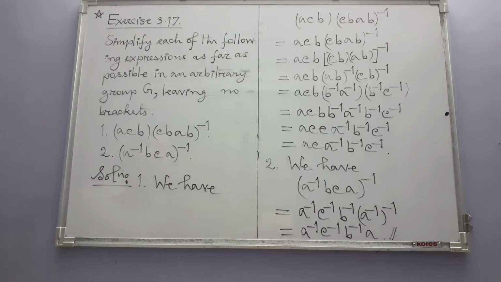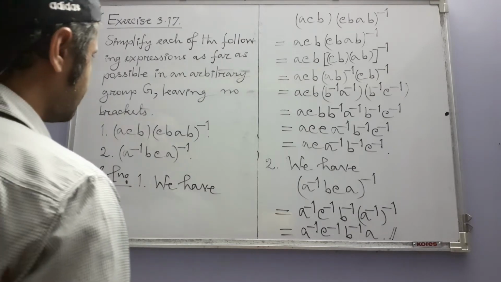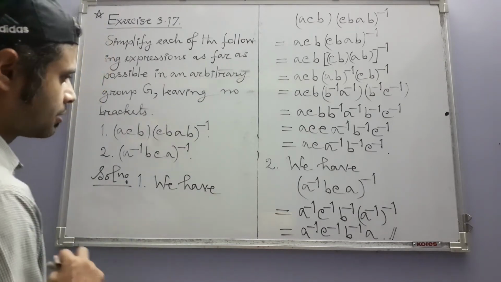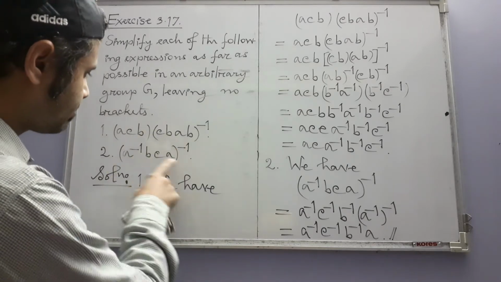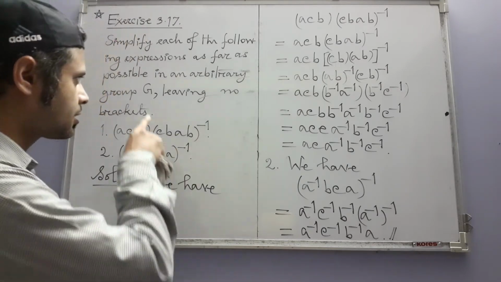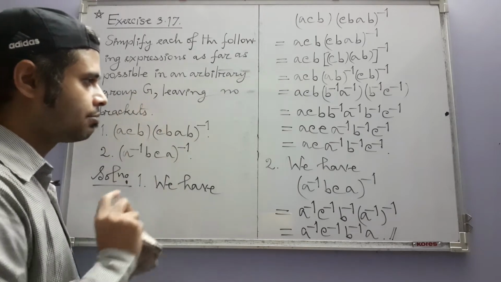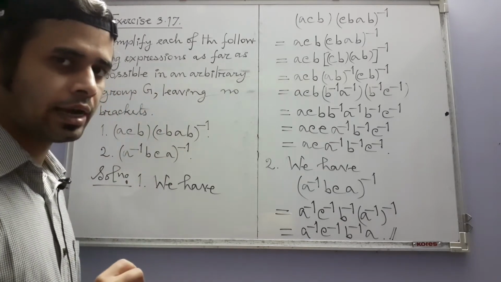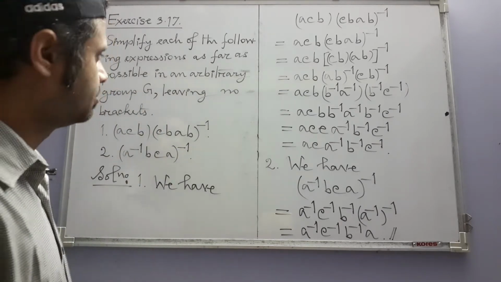And the next exercise is also similar. Similar means we have exactly the same expressions, but now instead of an absolutely arbitrary group G, we are given additionally that G is abelian.